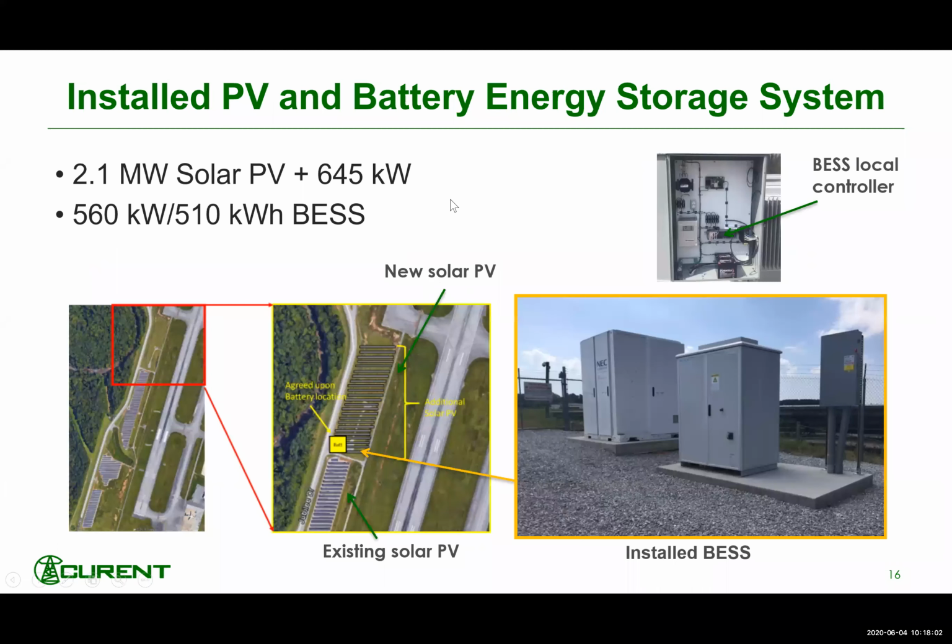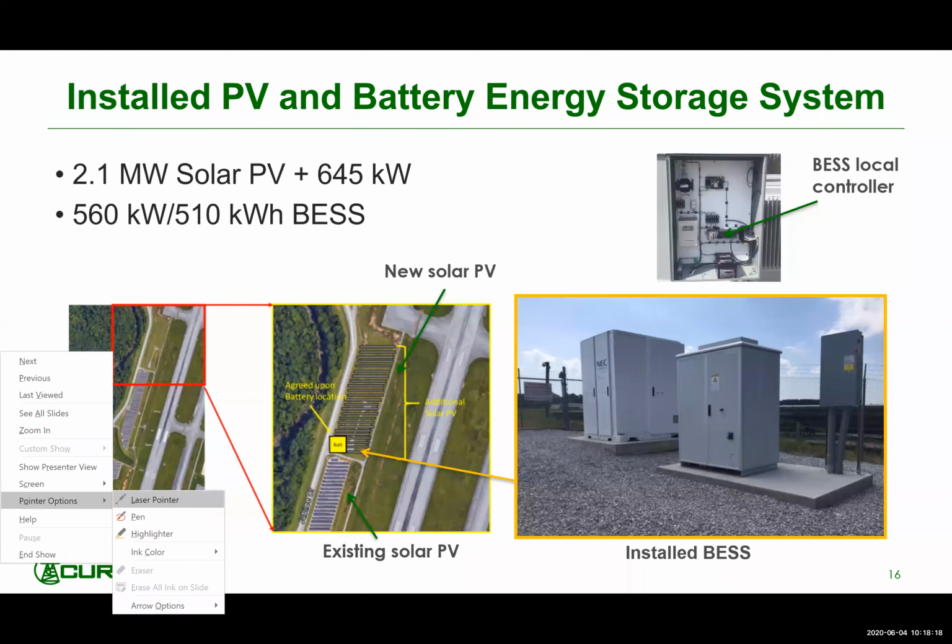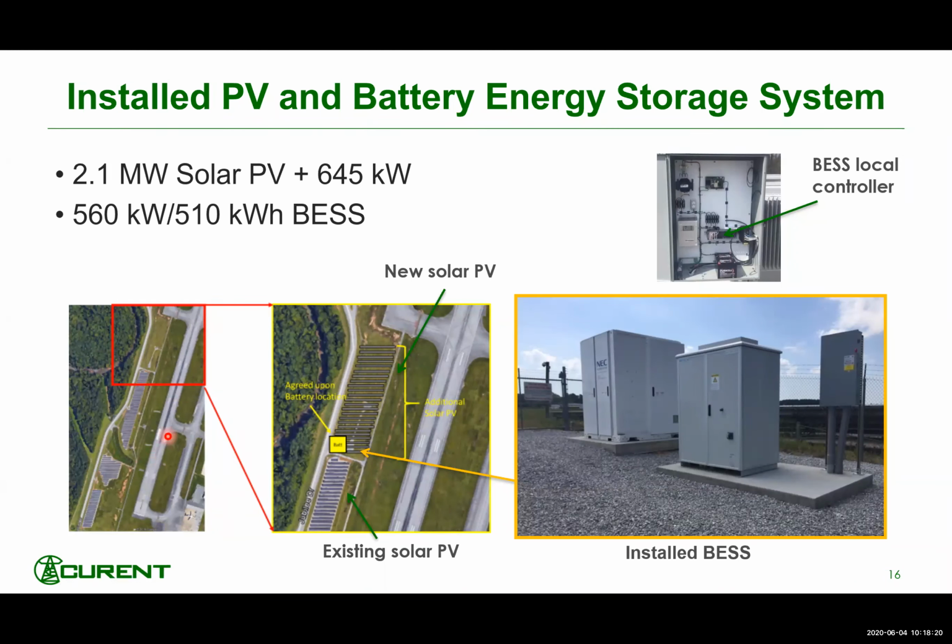And for the microgrid design, we designed 2.1 megawatts of solar PV, which is not enough. We add another 600 kW of solar PV. You can see here, this is the runway along the airport.